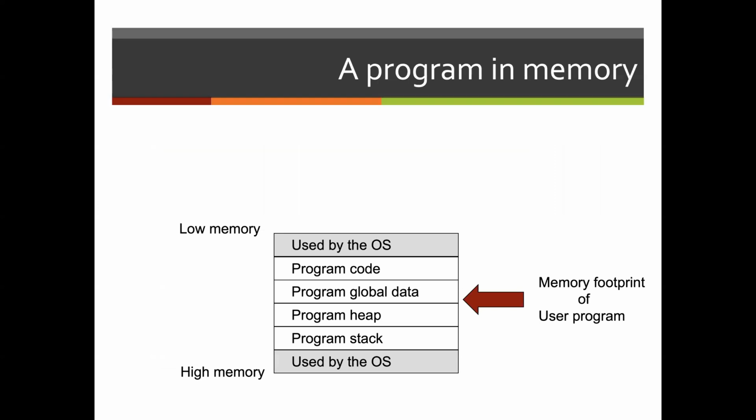And so let's first consider how a program is represented in memory. With this regard, we want to keep in mind that a program has a purpose and that it needs to utilize appropriate resources in order to execute the user's commands.